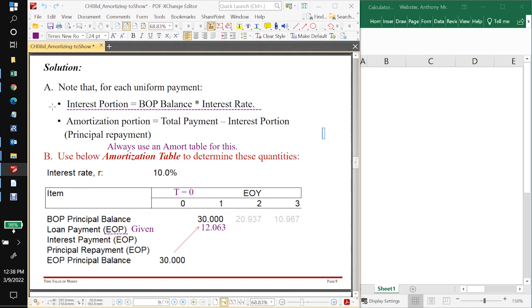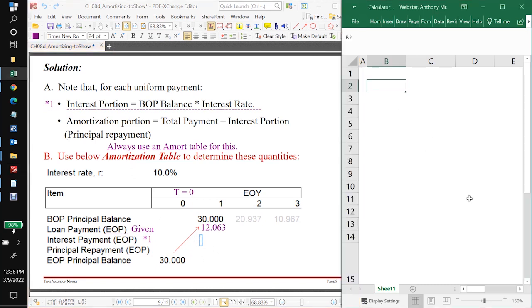So let's put *1 next to that. And to remind ourselves what's going on, let's put *1 down here. And let's compute this over here in our calculator. So interest pay for EOI 1.